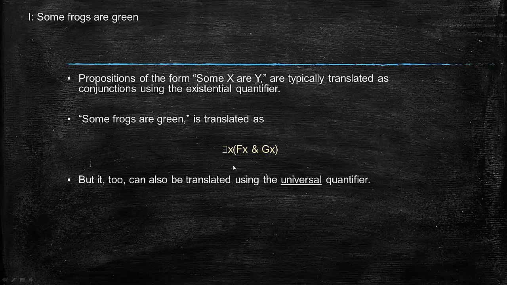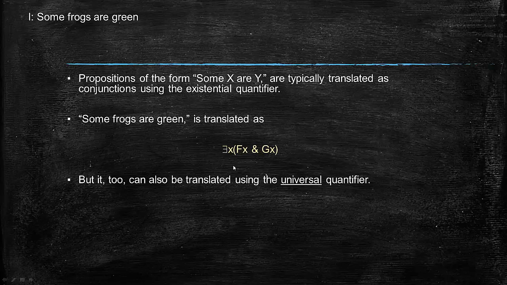Now, the universal quantifier can be used to translate this kind of statement, though. And it's analogous. You're going to introduce a negation, okay? And you will also use a conditional statement.